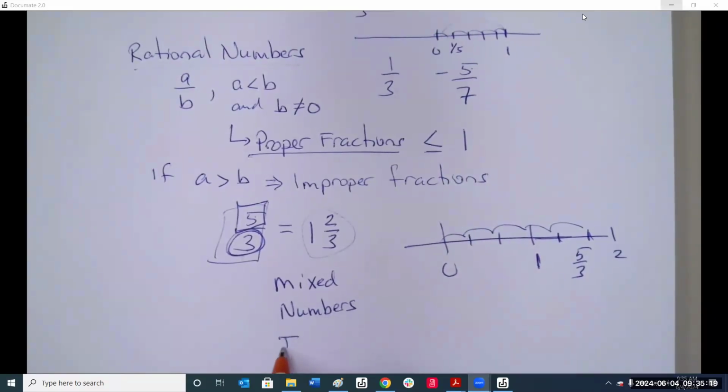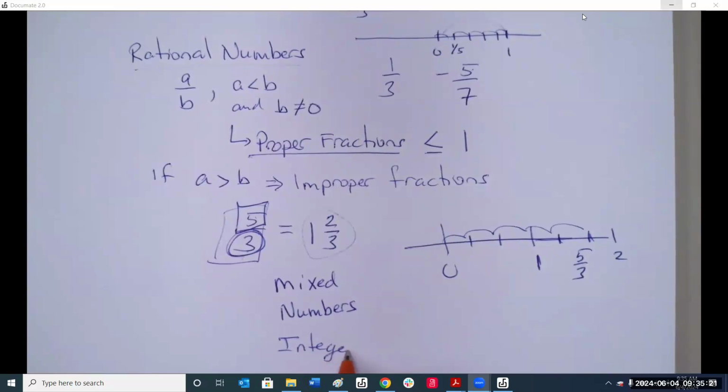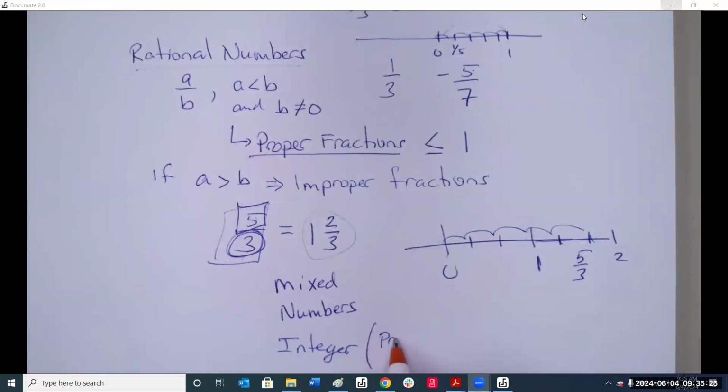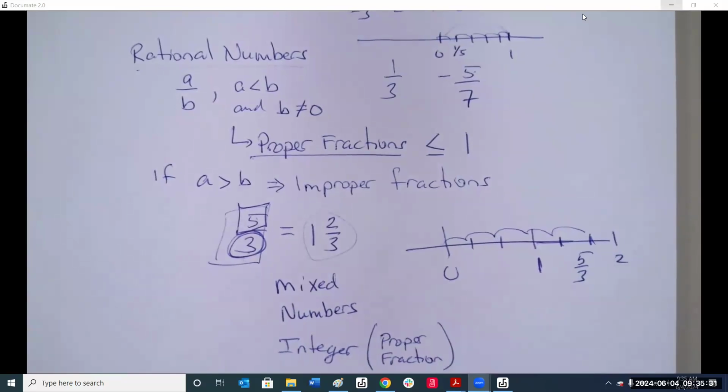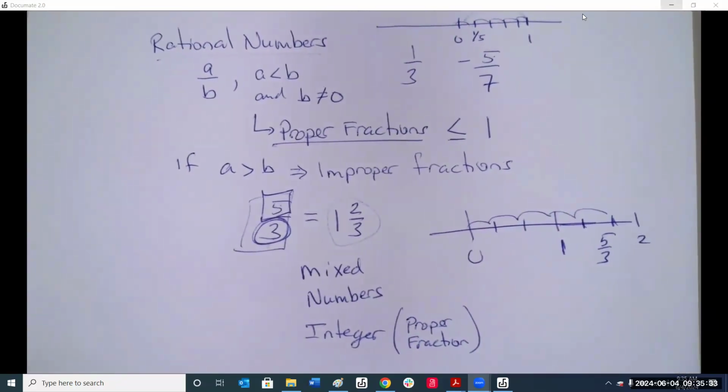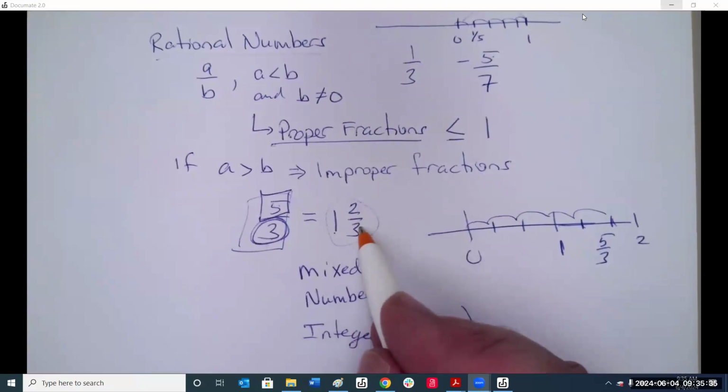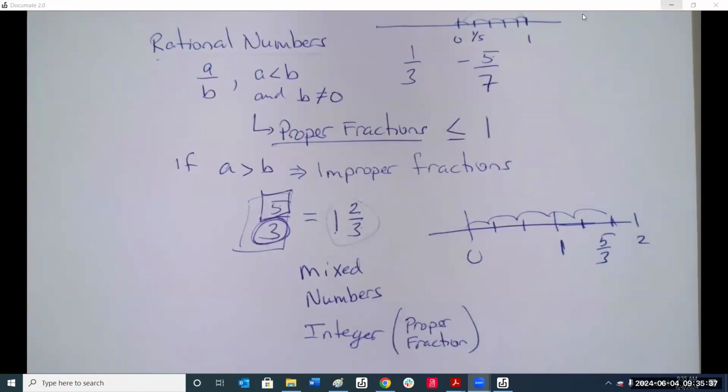Because you'll have an integer and a proper fraction. You'll have an integer and a proper fraction. This is nothing new. You've seen this all before in 5th, 6th, 7th grade.